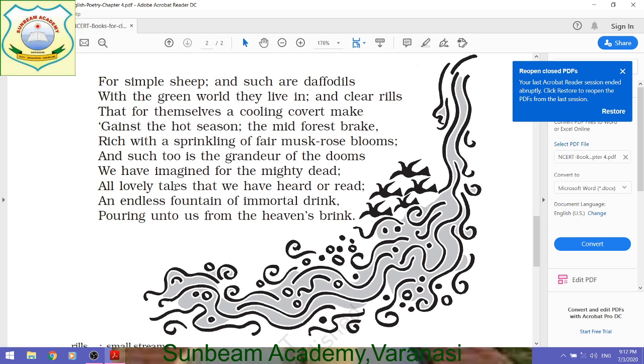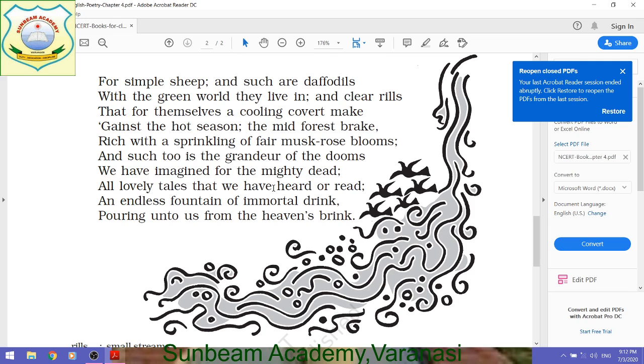Since they are dead, but their achievements are very powerful, their achievements will keep being a source of great inspiration for all of us.